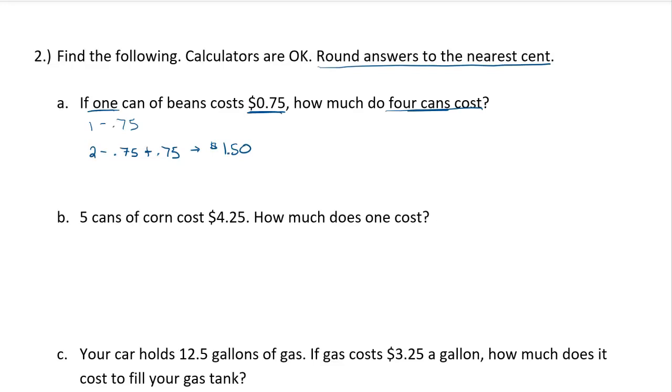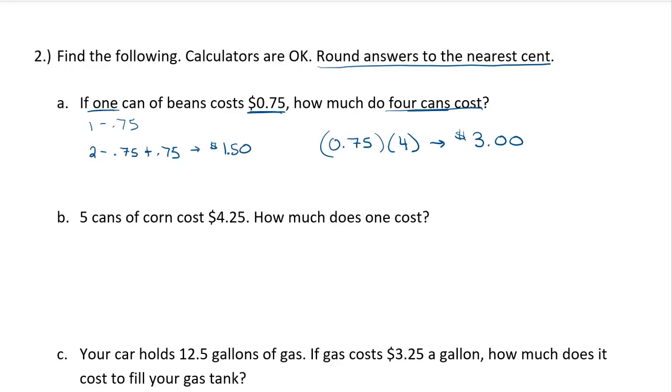Repeated addition is the same as multiplication. So rather than needing to add 75 cents 4 times, you do 75 cents times 4. And that will give you the total price, right, of 4 cans. And then if you needed to figure out more, you would just change what you were multiplying by. So the total of those 4 cans is $3.